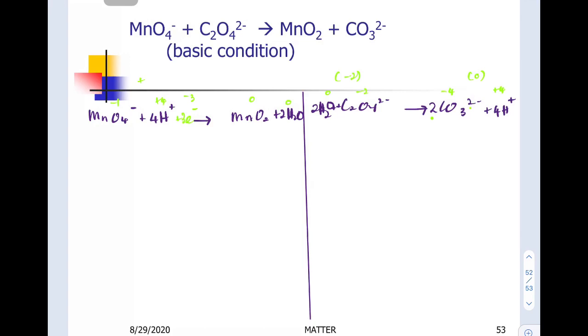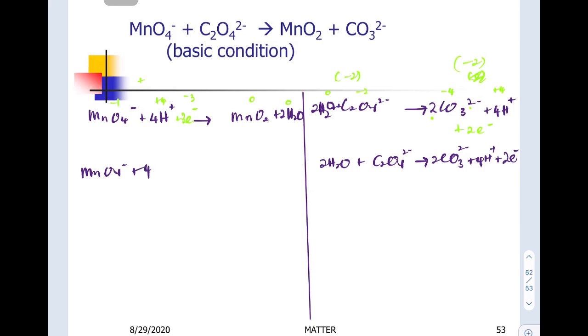We need to add 2 electrons. After we add 2 electrons, the total charge becomes negative 2. Then rewrite the equation. It will be 2H2O plus C2O4 2 minus turns to 2CO3 2 minus plus 4H plus plus 2 electrons.